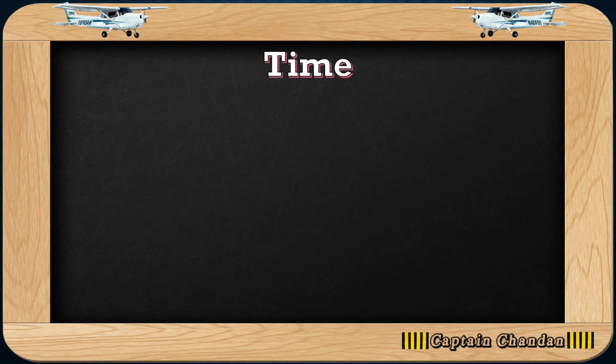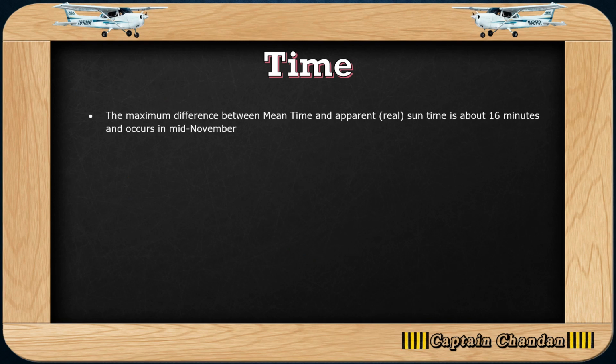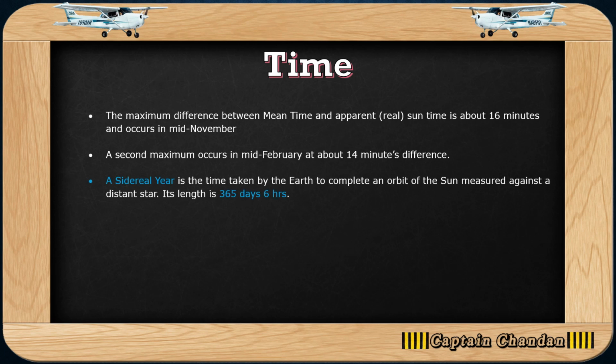Remember that. The maximum difference between mean time and apparent sun time is about 16 minutes and occurs in mid-November. Remember that 16 minutes for the DGCA exam. A second maximum occurs in mid-February at about a 14-minute difference. A sidereal year is the time taken by Earth to complete an orbit of the Sun measured against the distant stars.